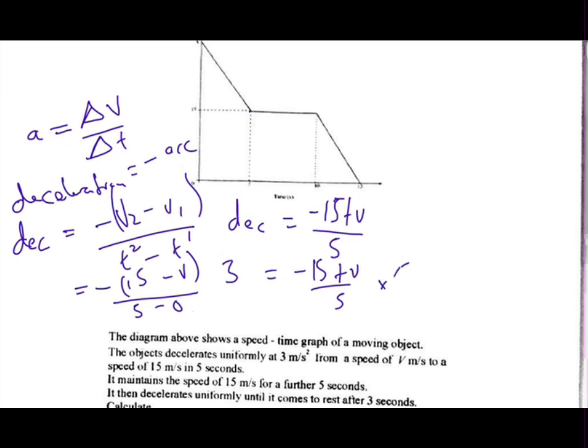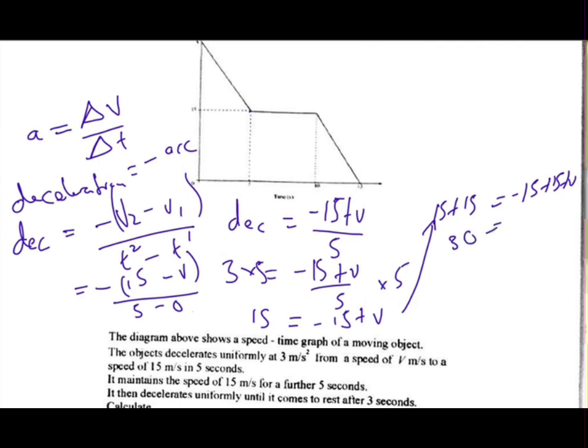Multiply both sides by 5 so that we remove the fraction part. 15 is equal to minus 15 plus v, and then we add 15 to both sides so that we remain with v on one side of the equation, and the other numbers on the other side. So minus 15 plus 15 gives us 0, and 15 plus 15 gives us 30. So our value for v is equal to 30 meters per second.